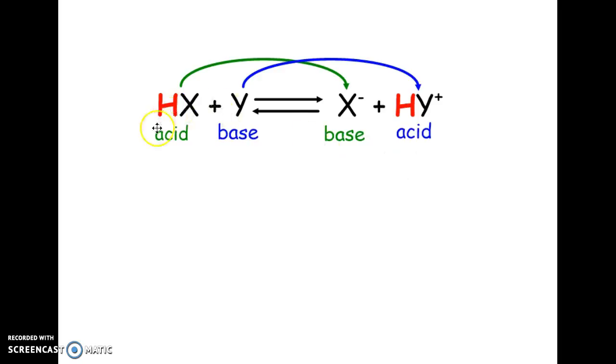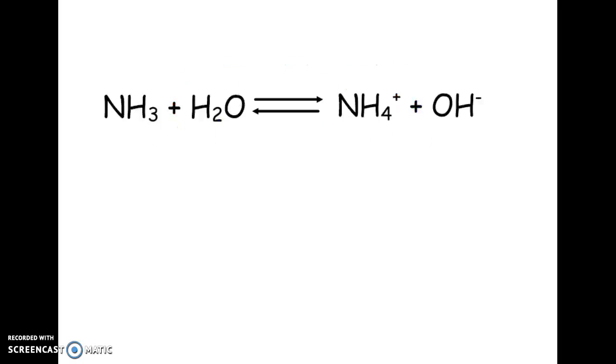So on both sides, I have an acid and a base on the reactant side and an acid and a base on the product side. And one member of each conjugate pair is an acid and the other one is a base. So here is a specific example of an acid-base reaction.